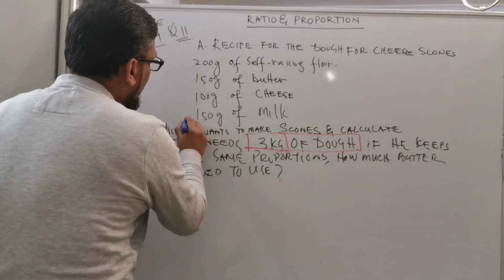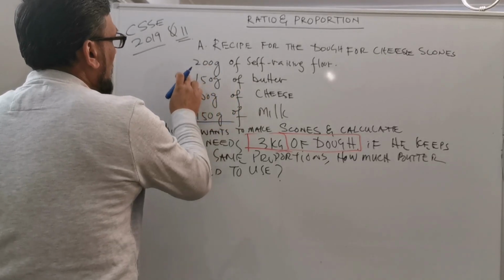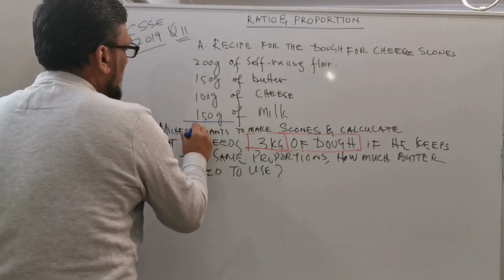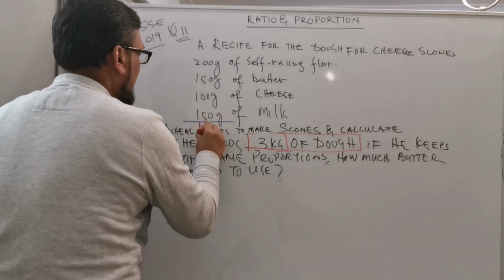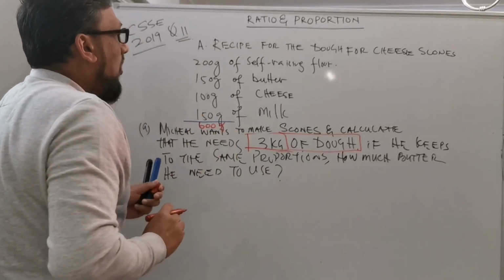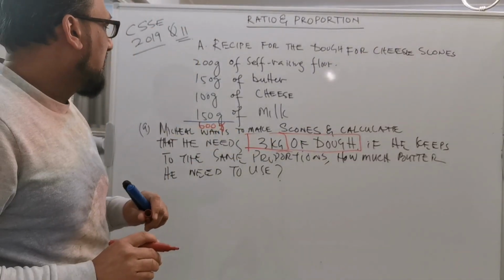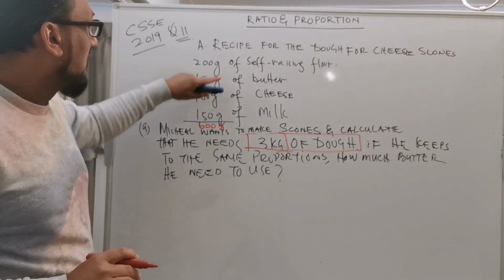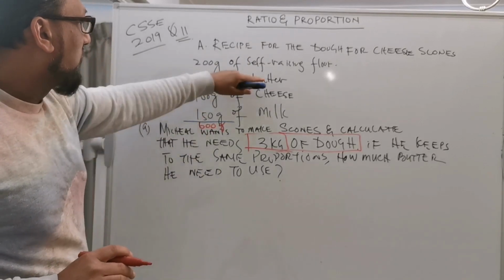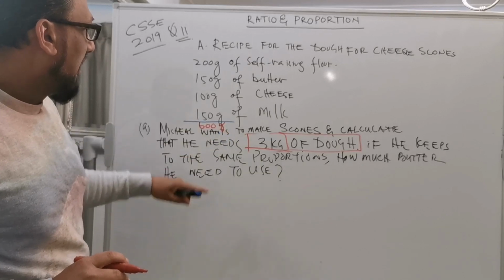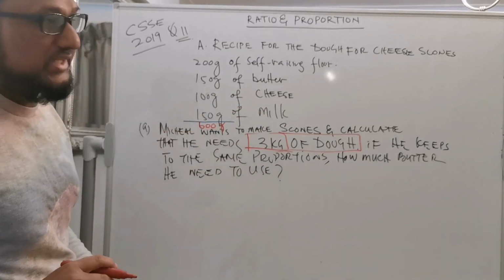If I add these numbers, 200, 100, 300, 150, 150, it means there are 600. The total gram of the recipe for cheese scone is 600 grams. So for every 600 gram, they are using 200 gram of self-raising flour, 150 gram of butter, 100 gram of cheese and 150 gram of milk.